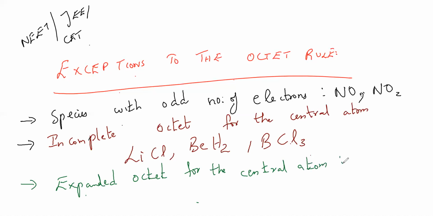So this I'll write below. What are the central atoms? PF5, SF6, and H2SO4. So these are exceptions to the octet rule.